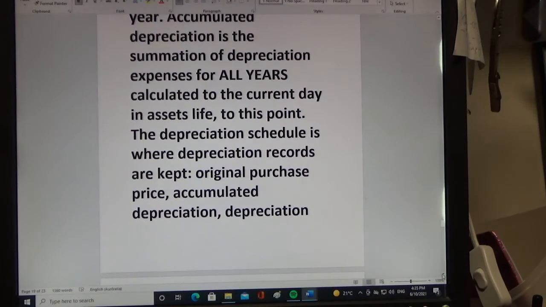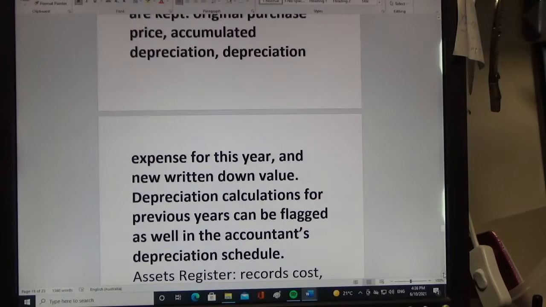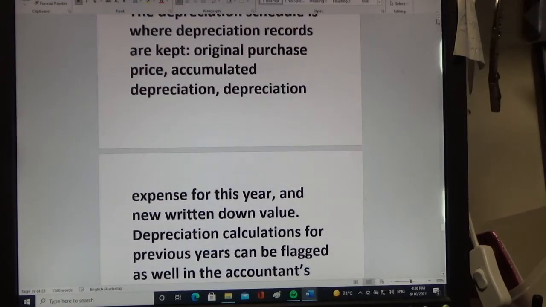Now, there's not just the depreciation schedule. There's what's called the asset register, which is kind of part of the depreciation schedule in a way. It's side by side. But the depreciation schedule is original purchase price, accumulated depreciation each year, depreciation expense for this year, and new written down value.